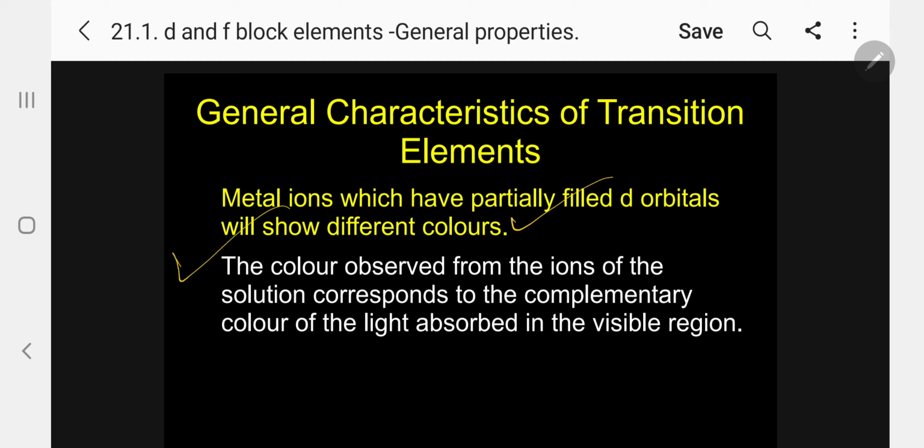The color seen from the ions in the solution corresponds to the complementary color of the light absorbed in the visible region. Kindly follow. Here there is a wheel called the Bunsen wheel.